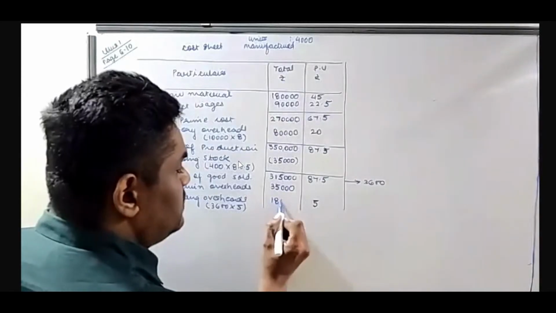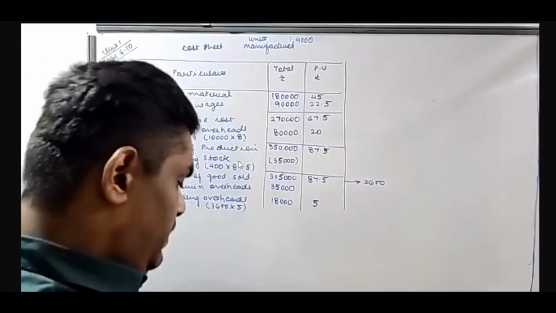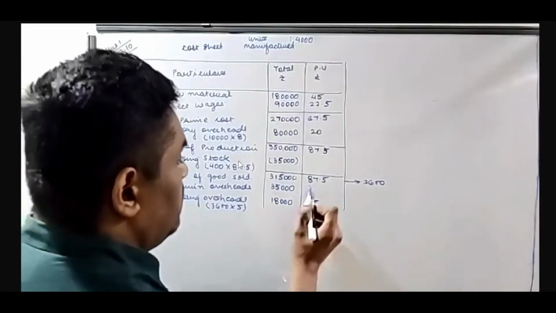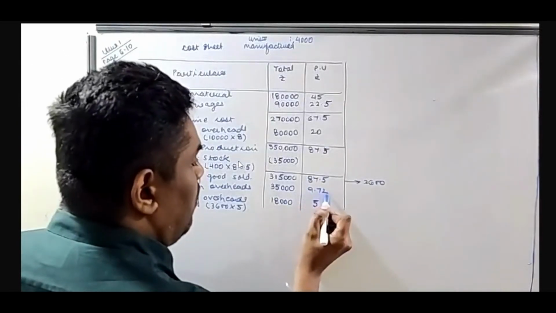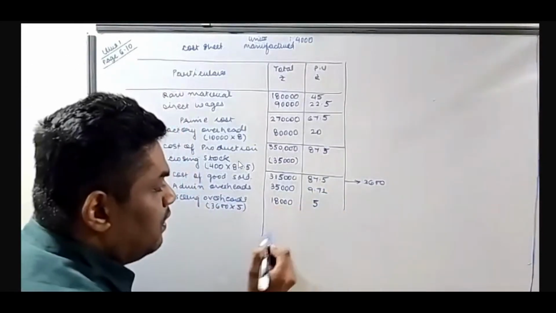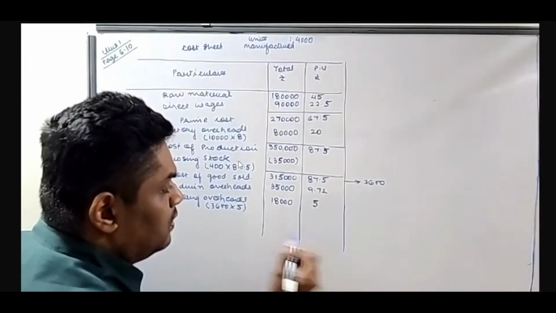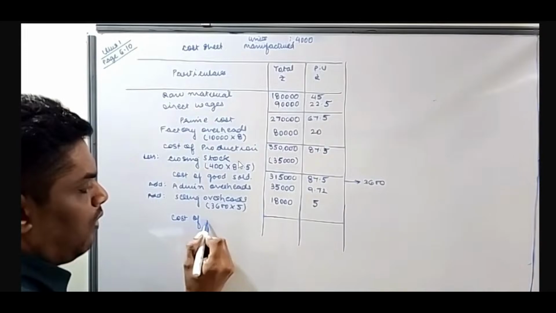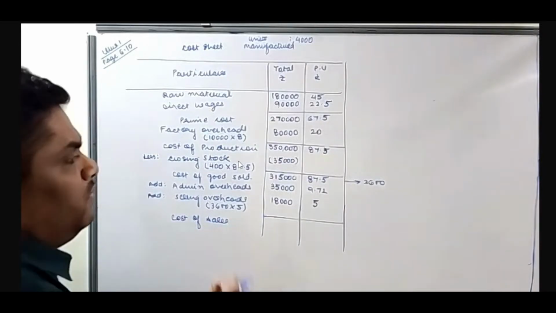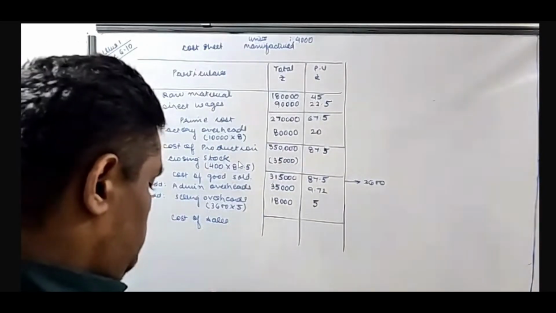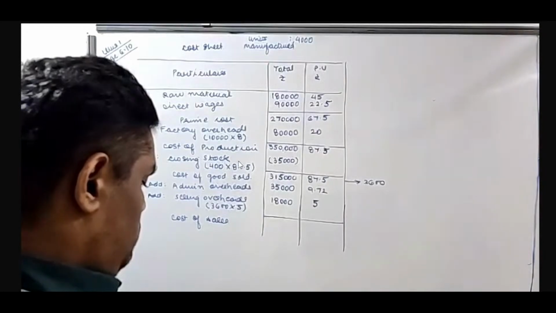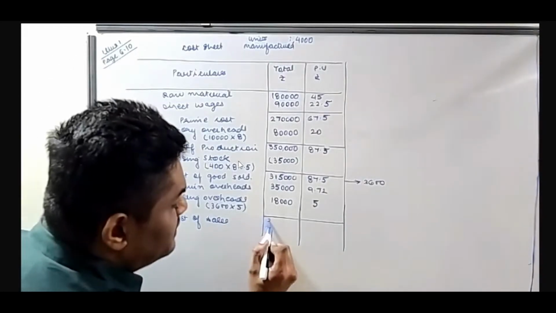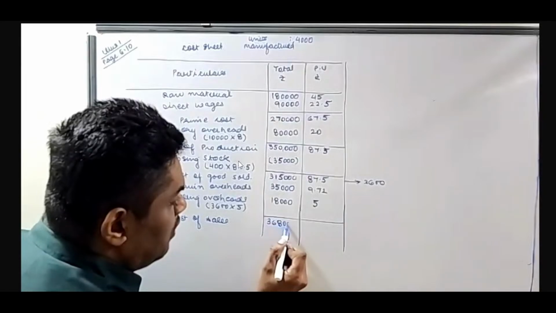You'll get 18,000 here and 35,000 divided. So this is how we'll get the cost of sales, and this will be 3,68,000.